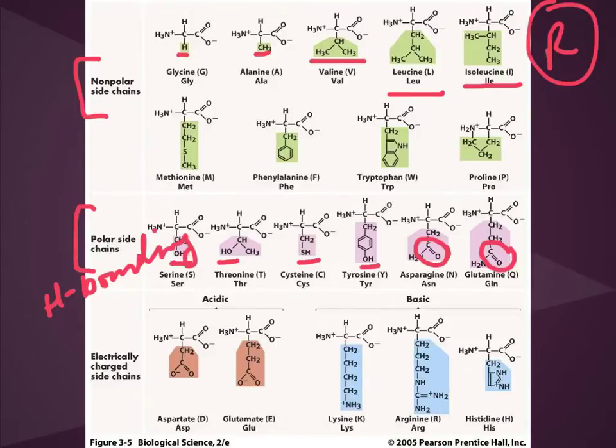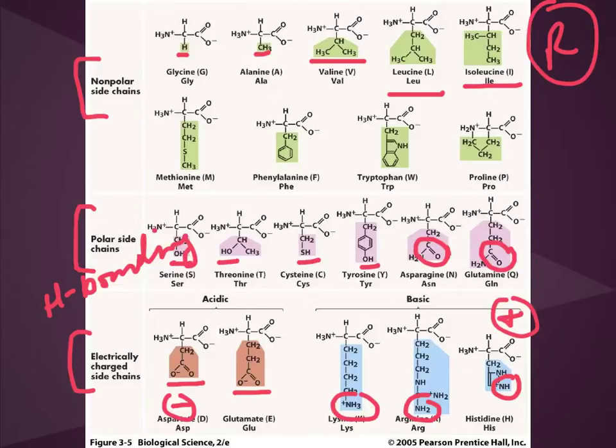And of course, we have at least 5 amino acids whose R groups are not nonpolar, nor are they polar, but instead they are electrically charged. That is to say, we have a carboxylic acid and another carboxylic acid to generate negatively charged R groups. Or we have an amine group and another amine group, or some other kinds of amine type groups to generate some kinds of positively charged side groups.